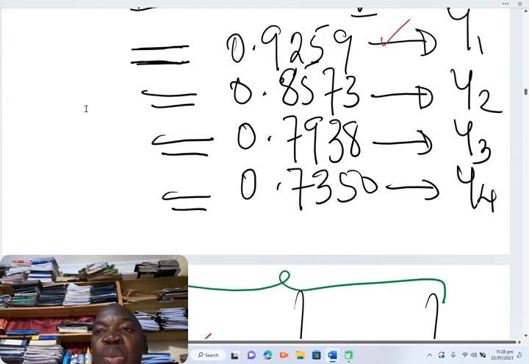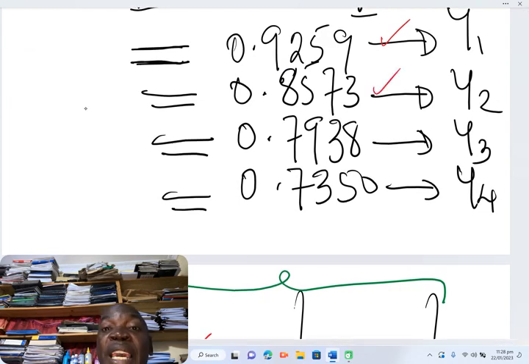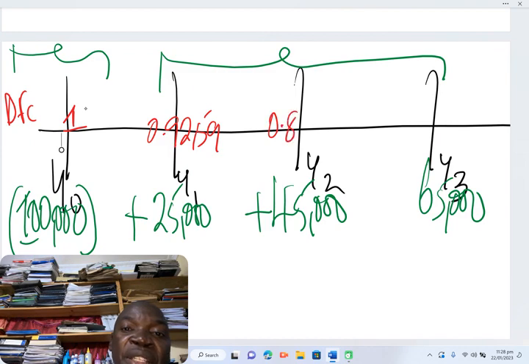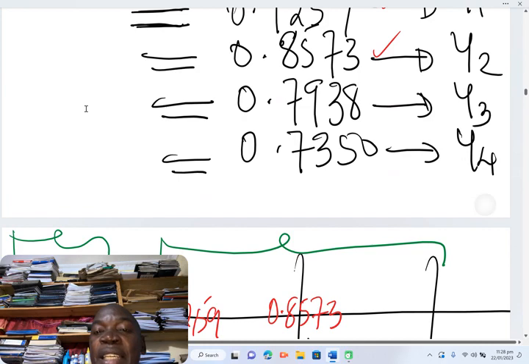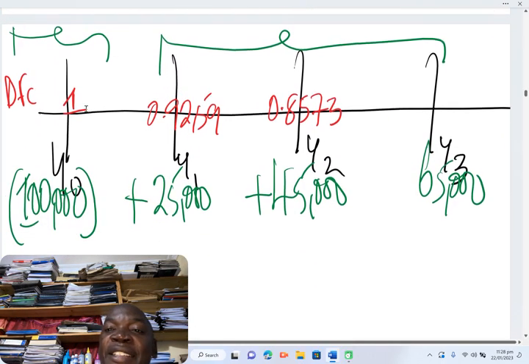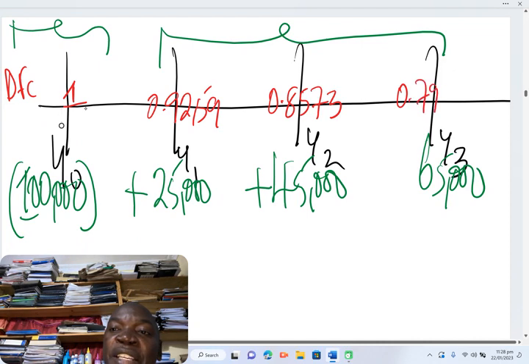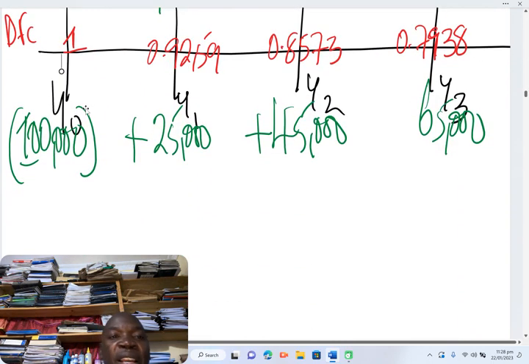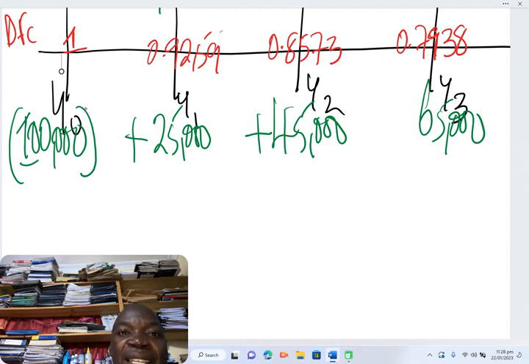In year 2, it is 0.8573. In year 3, it is 0.7938. So we have done that. Now, the discounting factor will assist us in getting the present value.